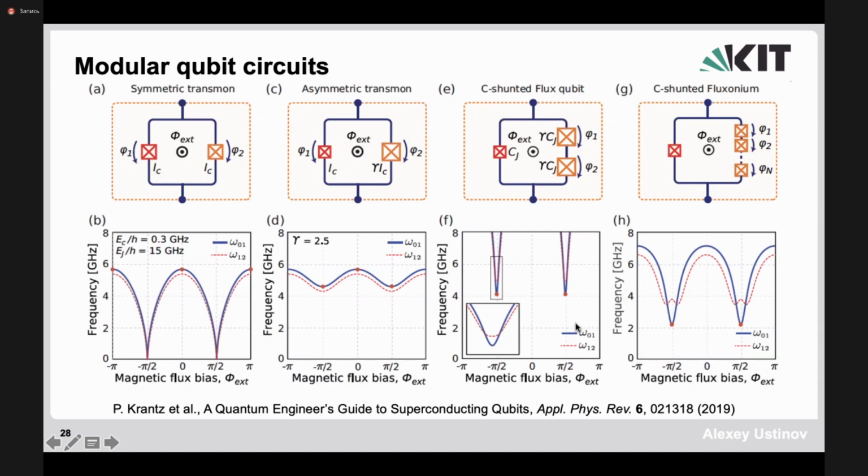Moreover, this behavior is emphasized also in the fluxonium device, which has an additional shunt, where the anharmonicity is actually inverse compared to the transmon. So you see the anharmonicity here is negative, so the 0-1 transition has a larger frequency than 1-2. So anharmonicity is negative.